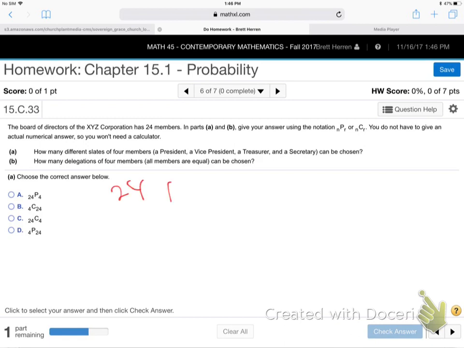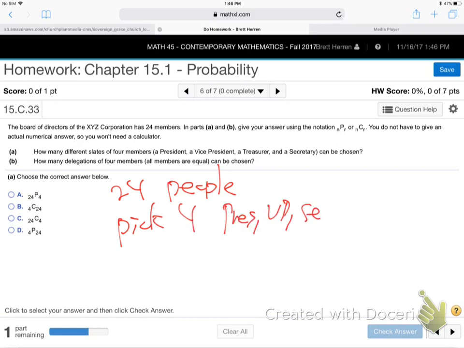We've got 24 people, and we need to pick 4 to be president, vice president, secretary, and treasurer. How many different ways are there to do that? How many ways are there to do that?